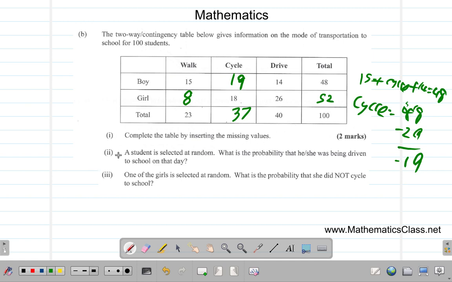Now, after that, we say a student is selected at random. What does random mean? You must know the word there, you know? Random means you and nobody else have control over who gets picked.